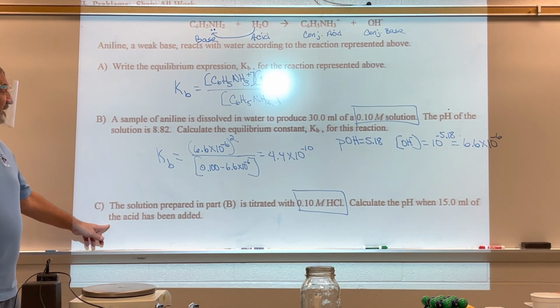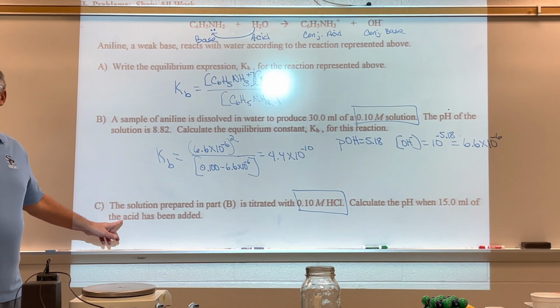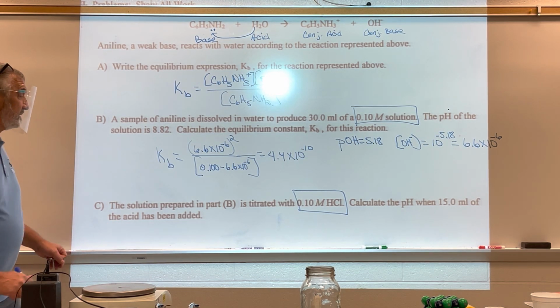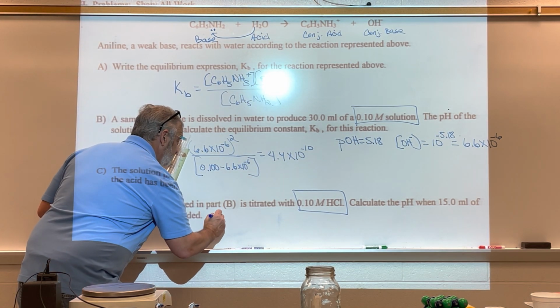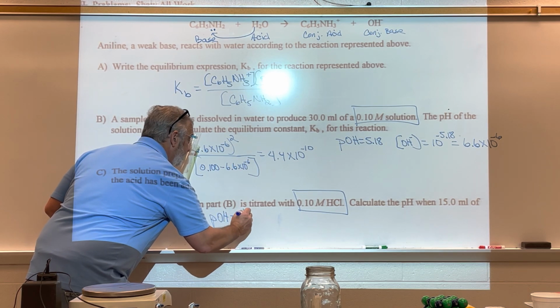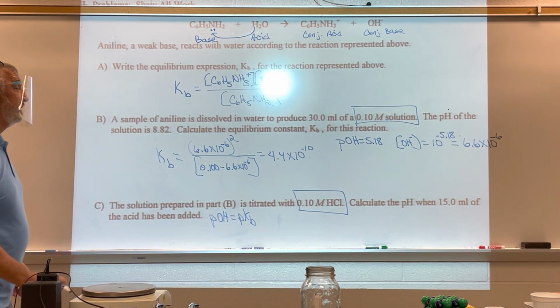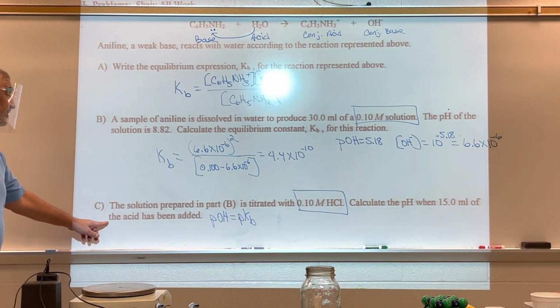So what does that mean at the half equivalence point or at the midpoint? pOH equals pKb. Okay, calculate the pH.